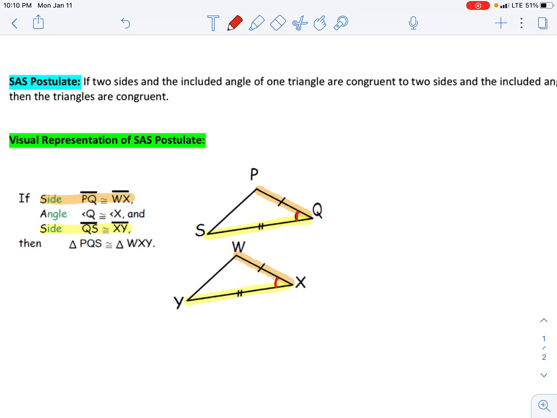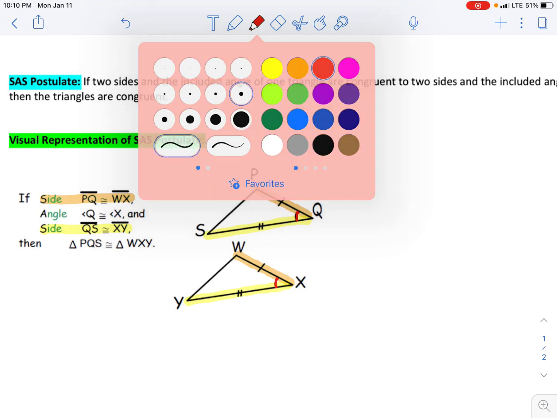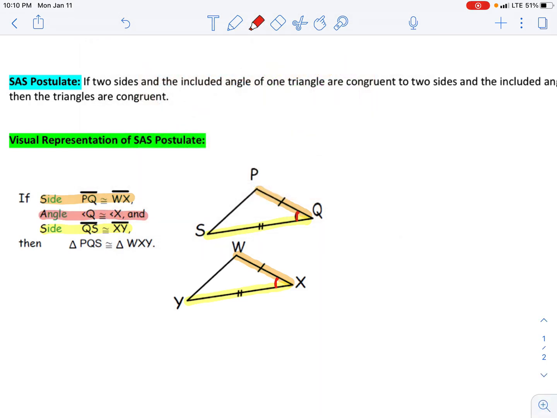And so by SAS, these two triangles are congruent. Hence the name: side, angle, side. That's how we know whether or not these two triangles are congruent using the SAS postulate.